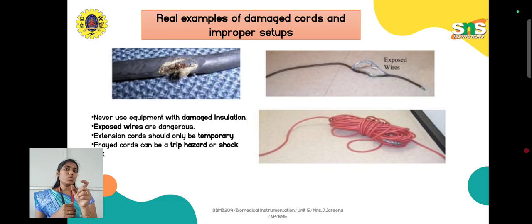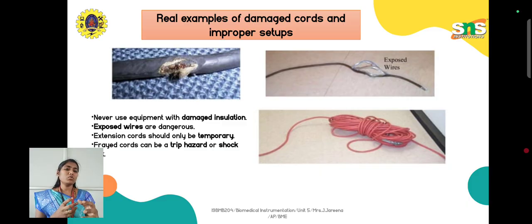If you see any of these damaged cords, immediately discard them, don't use them for medical equipment or for recording patient data or vital signs. Also, if you are using exposed wires and the patient touches them unknowingly, the patient will immediately get a shock.